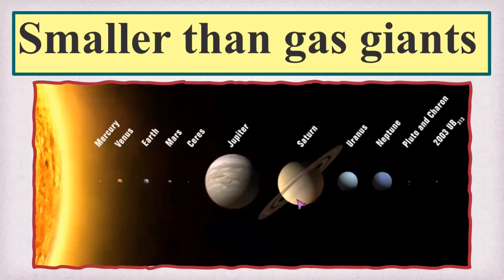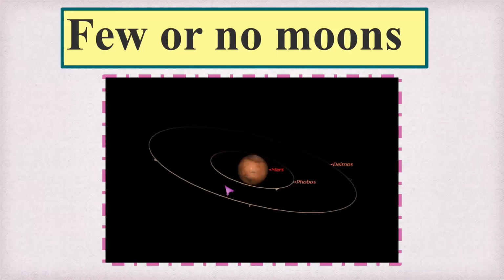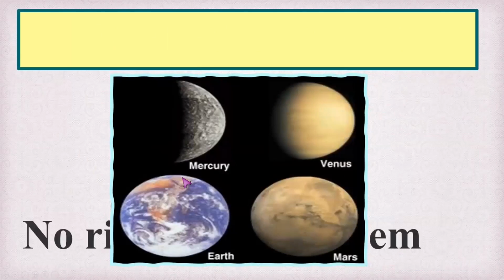In terms of size, these four inner planets in the solar system are smaller compared to the Jovian planets or the gas giants. They have few or no moons. Mercury and Venus don't have moons, Earth has one, and Mars has two, Phobos and Deimos.